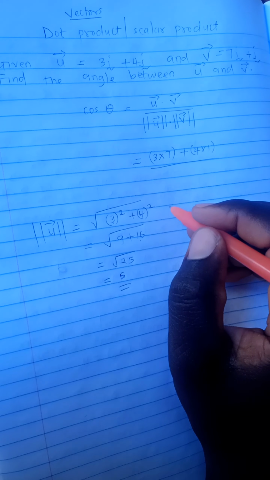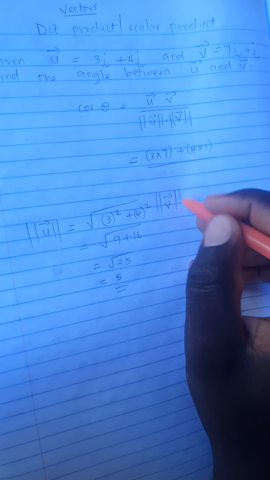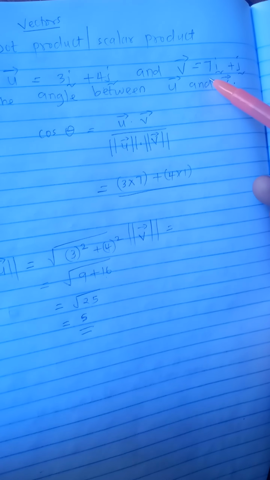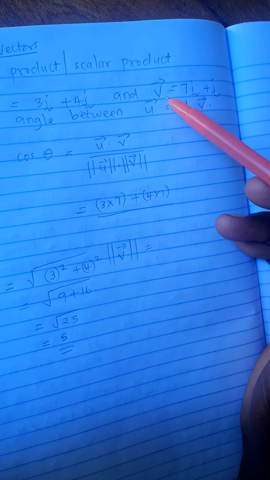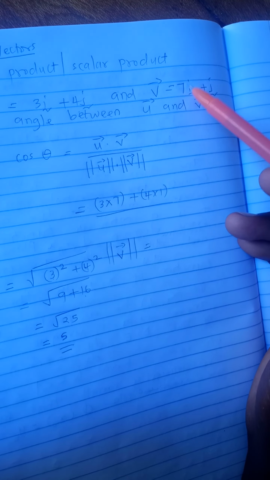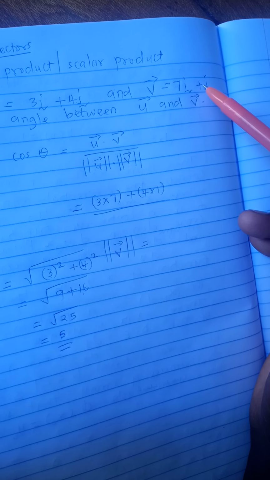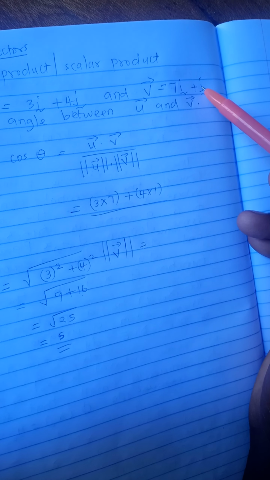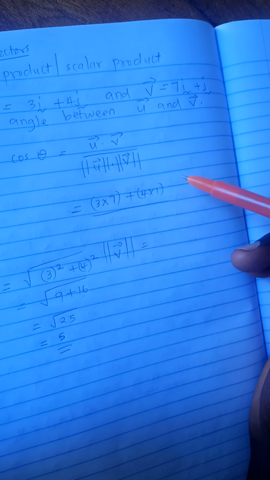Now, let us proceed to find the magnitude of vector phi. We take the coefficient of i in vector phi and square it, then we add the coefficient of j, squared also.